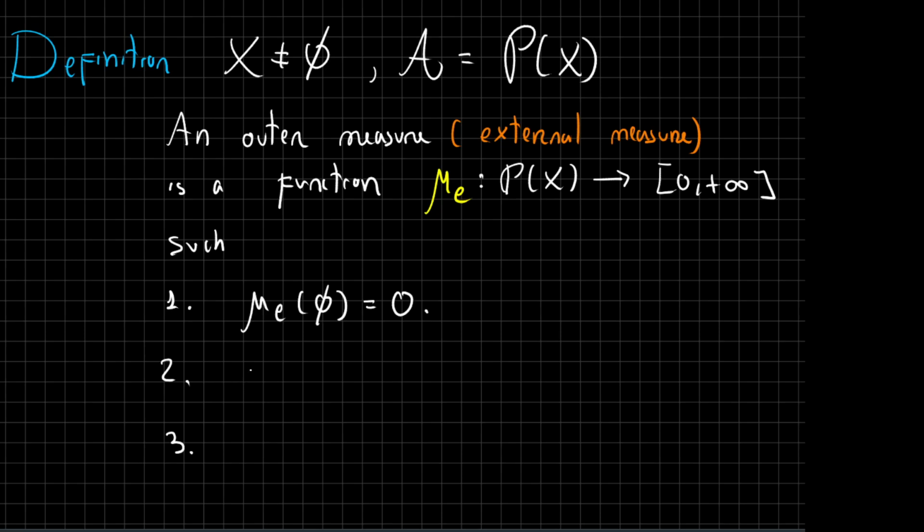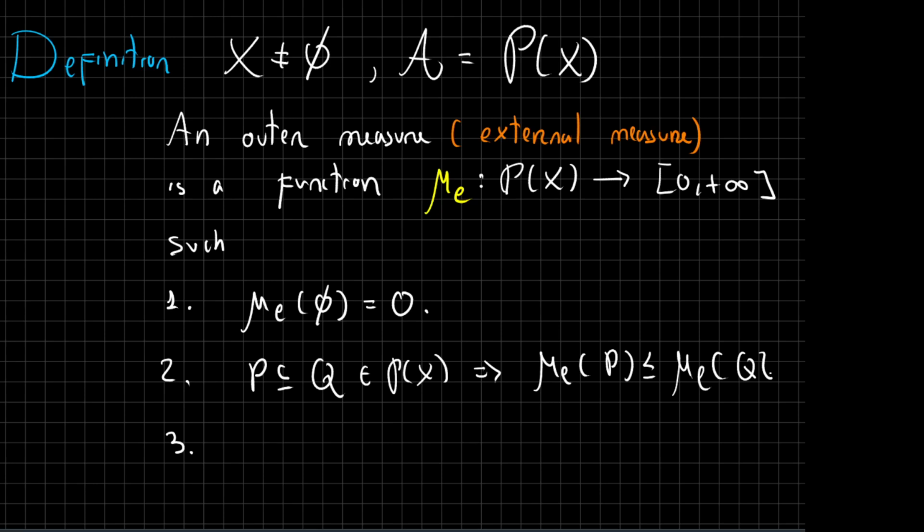The second is that if we have two sets, they are both inside the power set, of course, then it follows that the outer measure of the smaller one is less or equal than the outer measure of the bigger one.